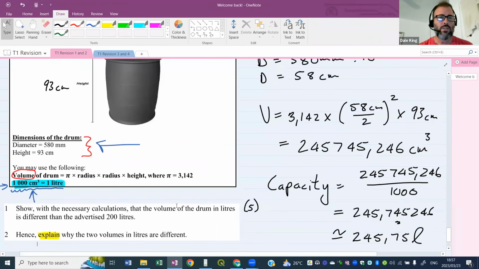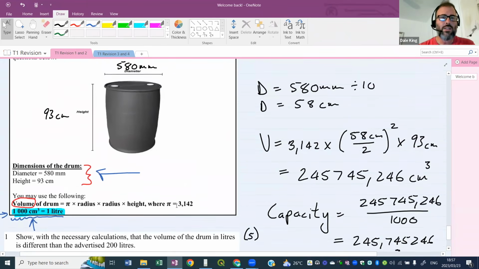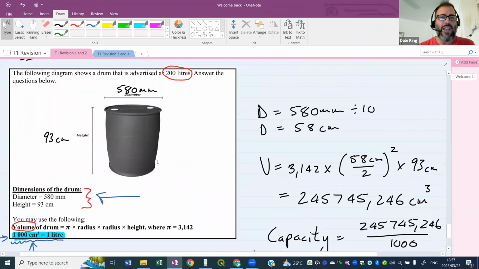Would anyone like to give it a guess? This is a subjective answer. You can use words, no calculations. Why do you think they've done this? Why did they say, here's a drum advertised for 200 liters? Anyone like to try?